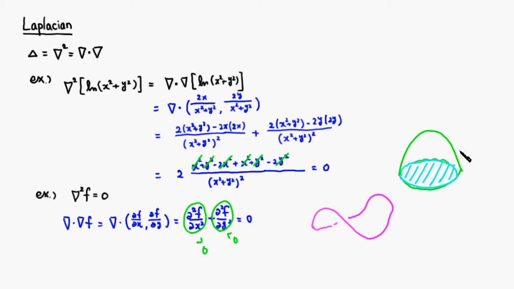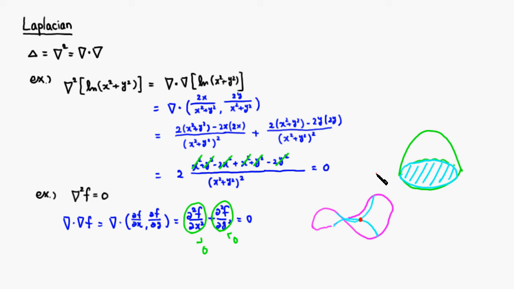For example, if you form a boundary with a wire and put a soap film on it, the soap film is going to form something like this. If you focus on just one point, and this is true for every point, in one direction you have a concave up shape.